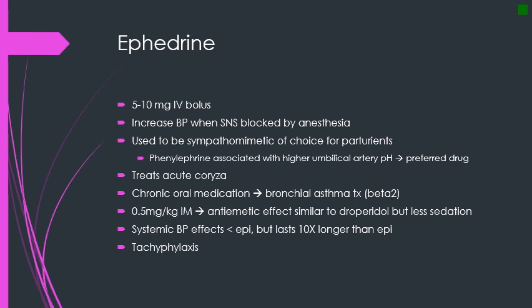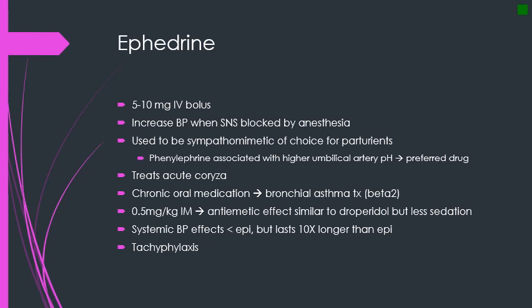It is the sympathetic stimulant of choice for parturients. As I've mentioned before, phenylephrine is associated with a higher umbilical artery pH, and so you will actually utilize your ephedrine much more so than you will your phenylephrine down in labor and delivery.